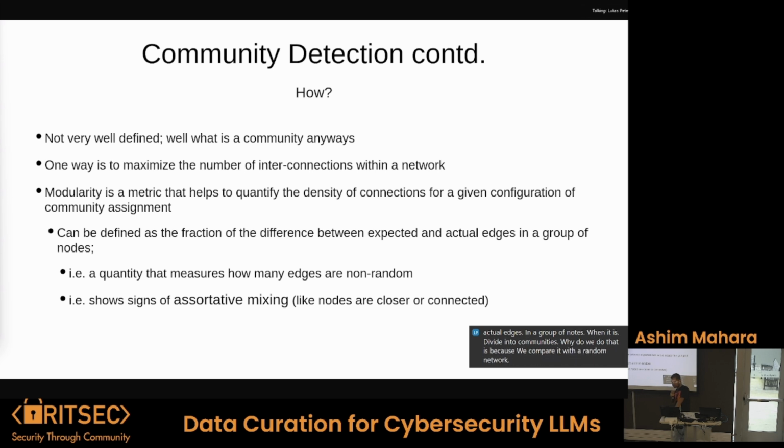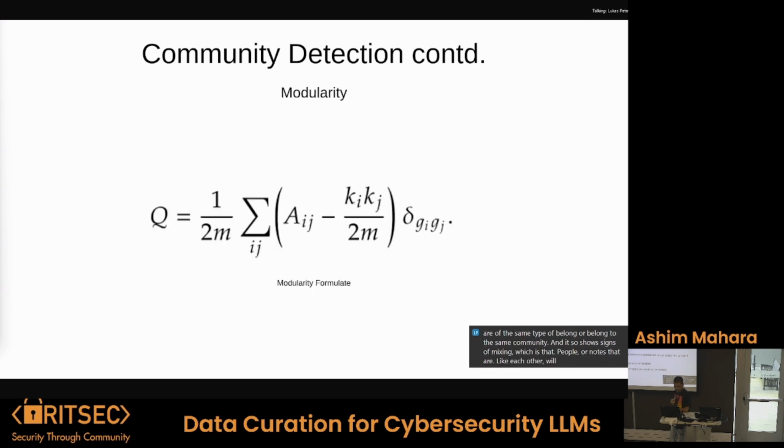So if a node has more edges than it's supposed to have if randomly distributed, then we can say that the nodes belong to the same community. And it shows signs of assortative mixing, which is that people or nodes that are like each other will be connected to each other more.